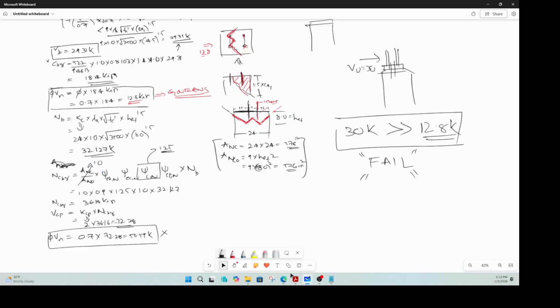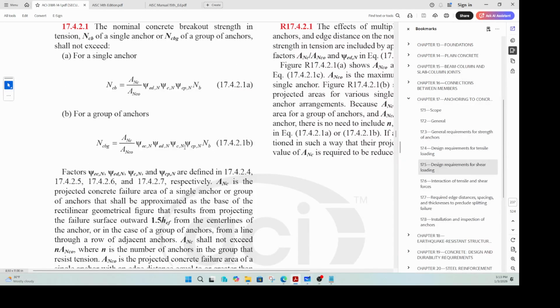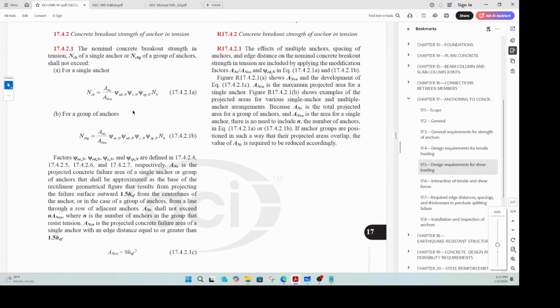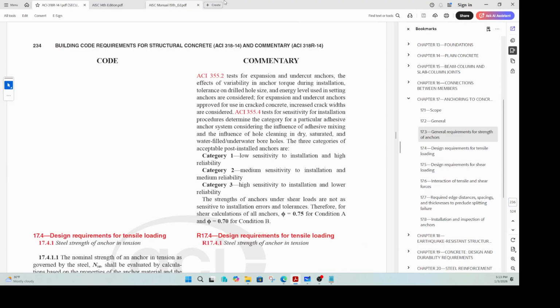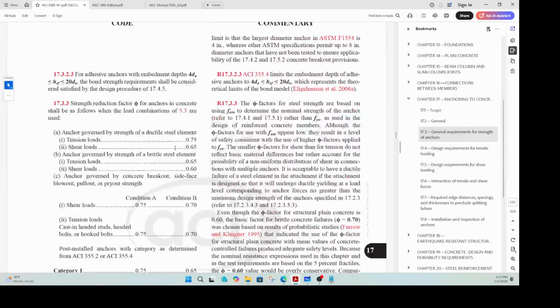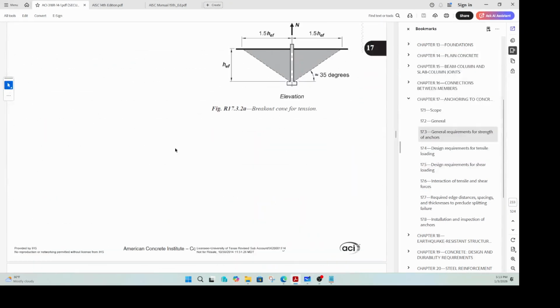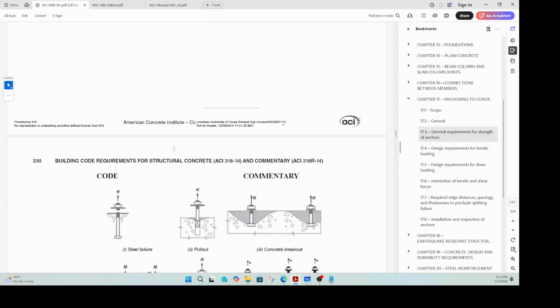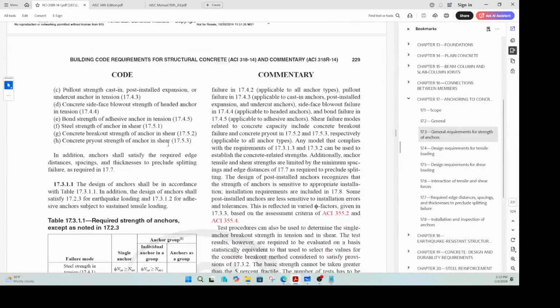Like I said, what we did, just to summarize, is to check, let's go back to section 17.3, which is 236, about that. That is where all the failure modes were defined.